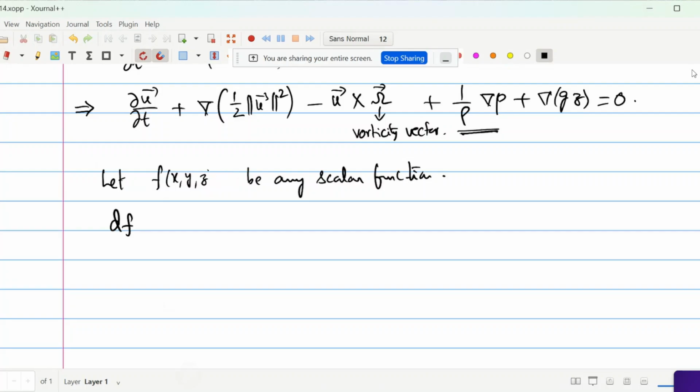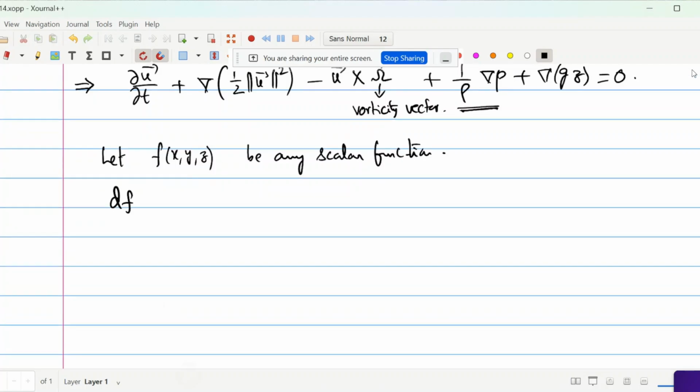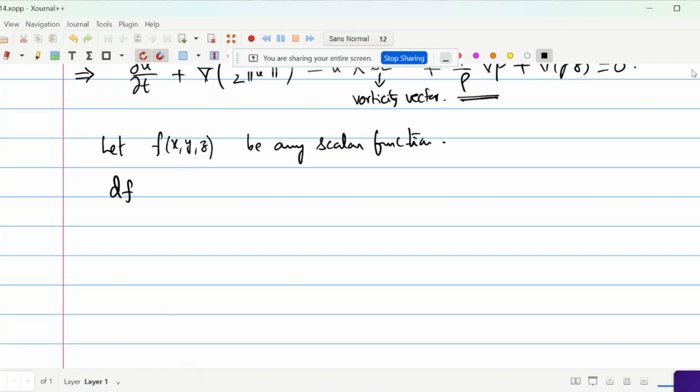Though actually rho depends on x, y, z and t, we are interested only in the first three variables. For those you can write df, the total derivative. So don't worry. Let f be any scalar function of x, y, z.